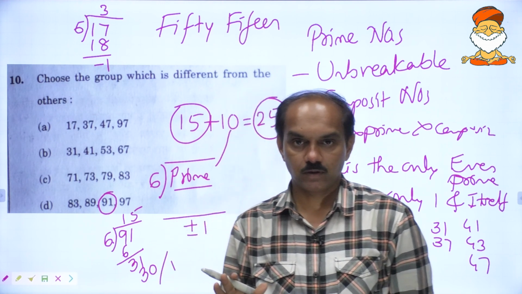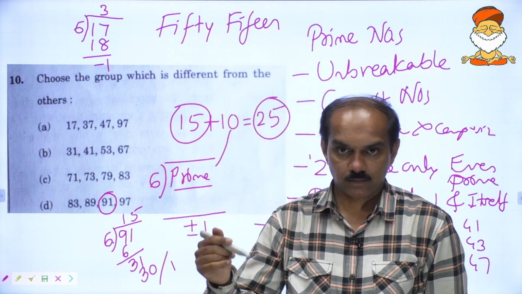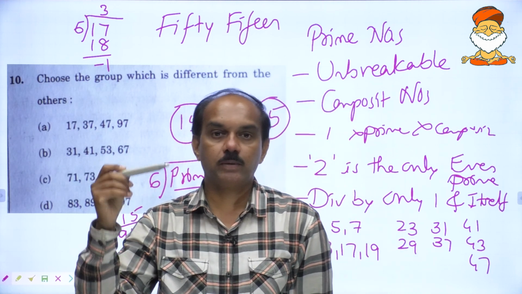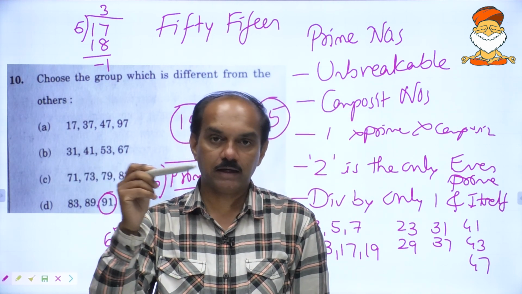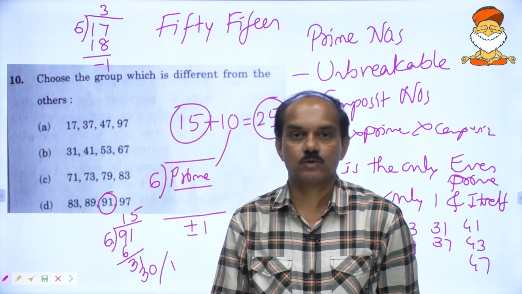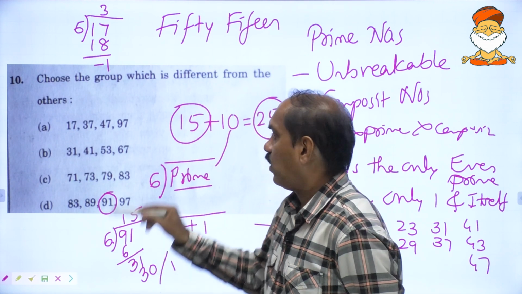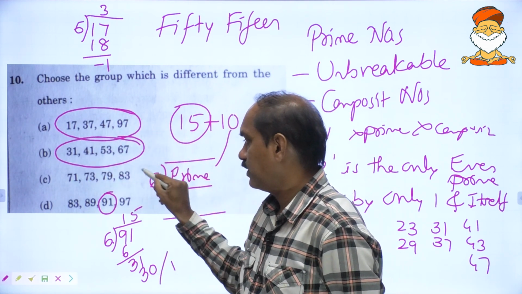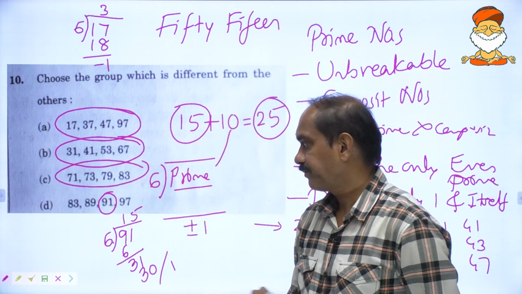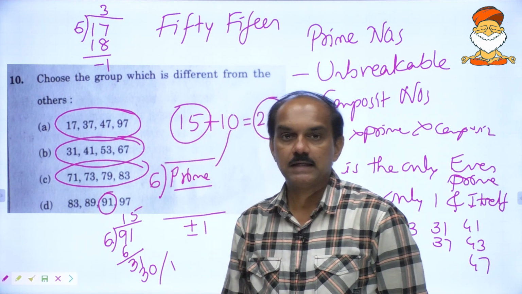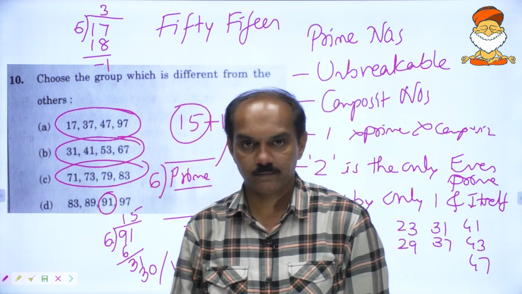No. First it should be a prime number, then divide it by 6, then your remainder will be +1 or -1. So all these are prime numbers, but in the last option, 13 sevens are 91, right?